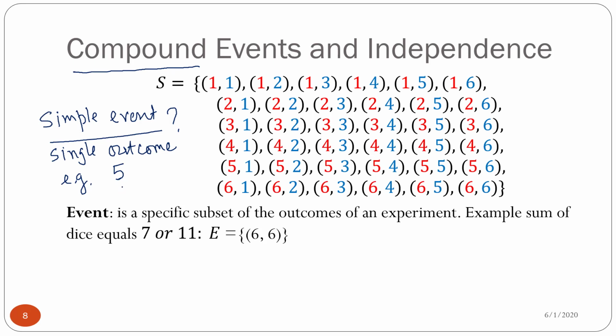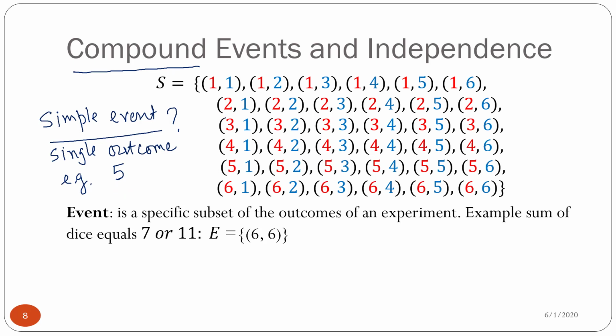So that's a simple event, just one outcome possible, either 5 or not 5. Similarly, you can think about a coin as well. You had one coin, you tossed it once, and it is head or tail, you'll get the output. That's a simple event.